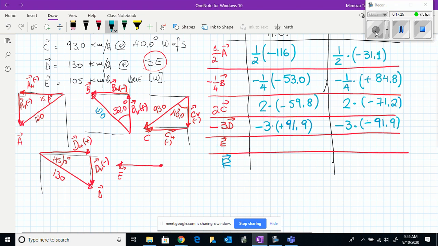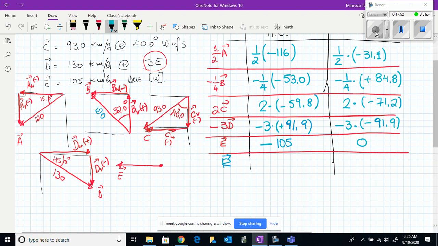And vector E is one of those special cases when we have either due east, south, north, or west. So the horizontal component is negative, whatever is the magnitude of this vector, that in this case is 105, and the vertical component is 0.